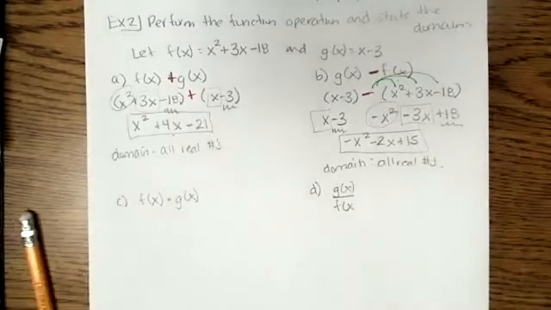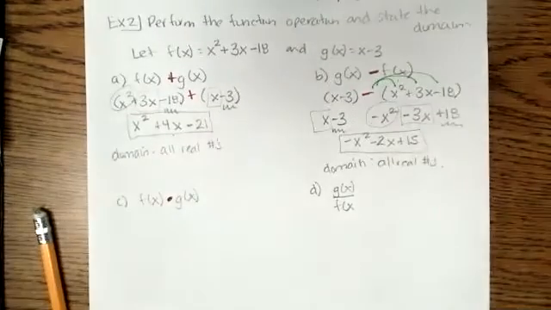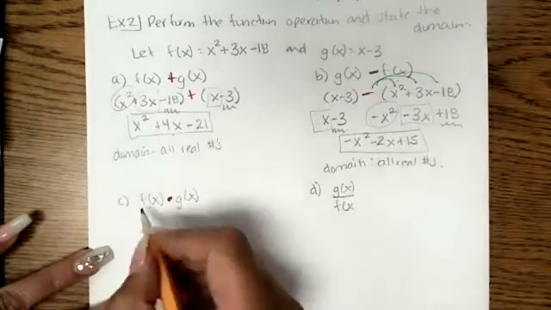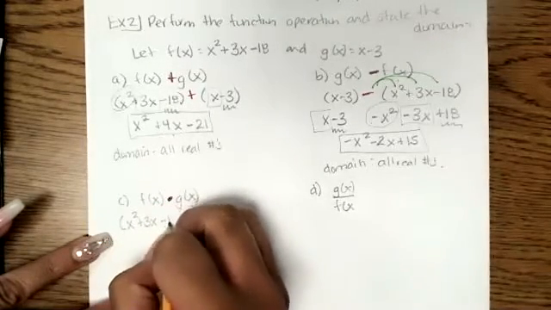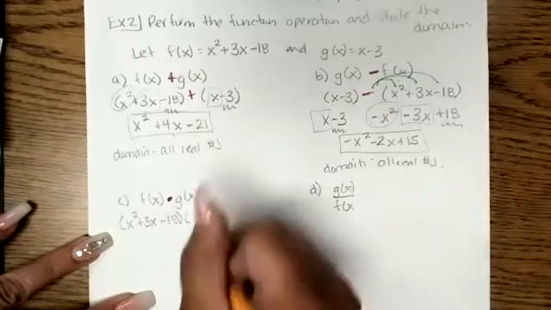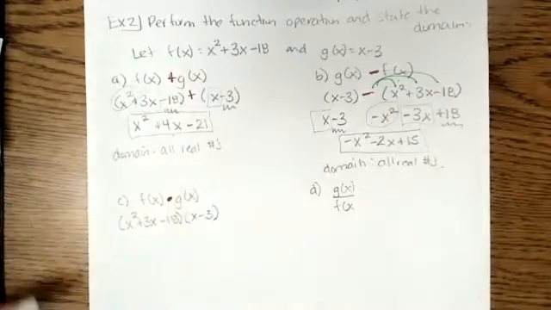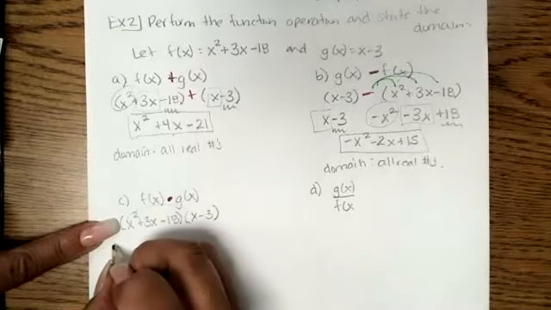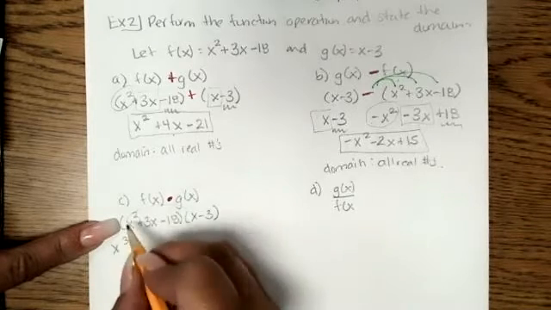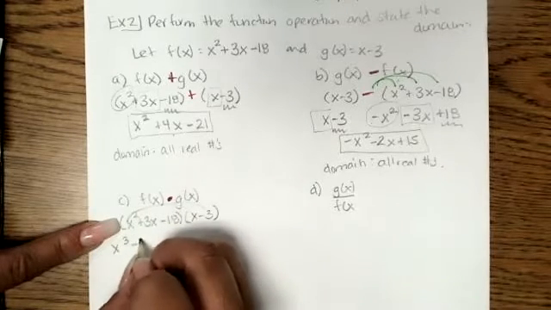Multiplication now. So f of x is x squared plus 3x minus 18, and g of x is x minus 3. X squared times x is x cubed. X squared times negative 3 is a negative 3x squared.